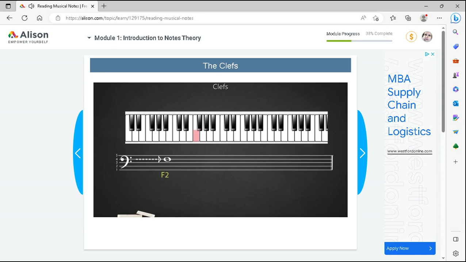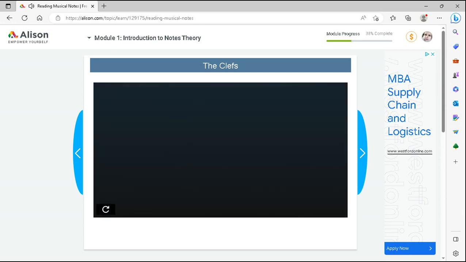In other words, where F clef begins, the fourth line, the note is F. Also, G clef starts at the second line. This note is G. Okay, next slide.